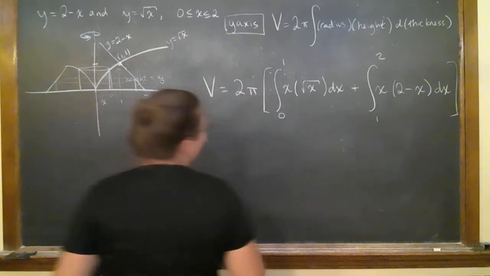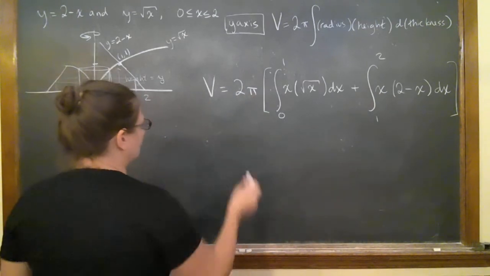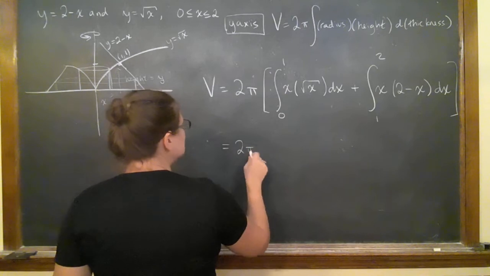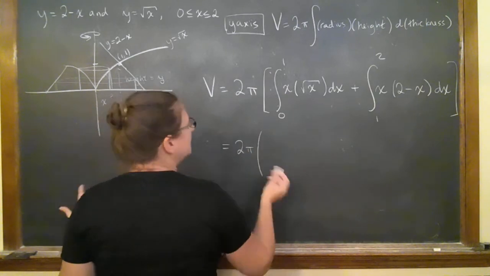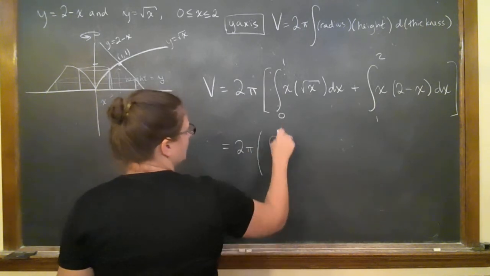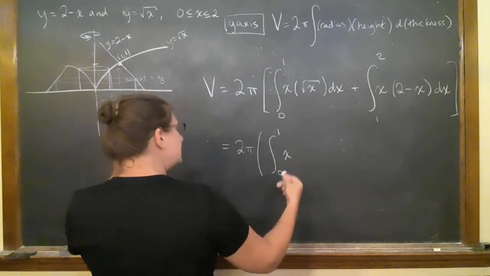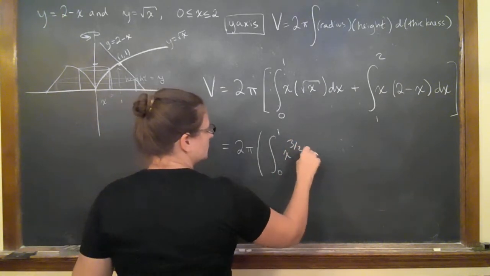Right, and so that's the thing. It wasn't hard to split it up into two, but you just need to know that you have to do it, or recognize from the picture that this is what's required.